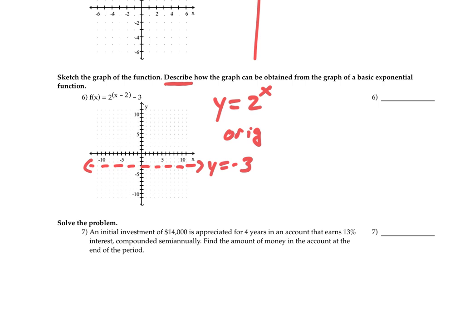And when we get to the end of the review here, there will be a few problems where you have to use the formula that's in that box. So 7 and 8 should be pretty straightforward. You're just plugging it into the formula.